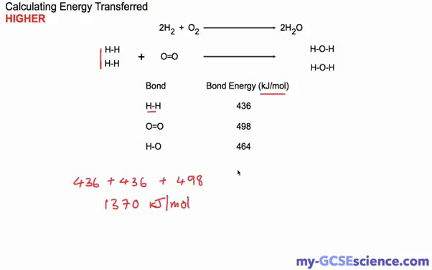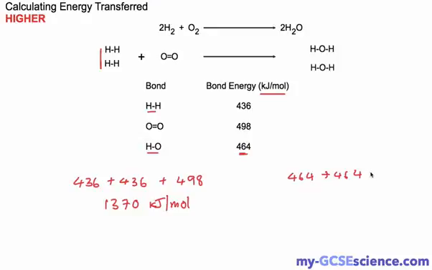What about the energy released from making bonds on the other side? Well, we have H2O times 2, and the HO bond is given here, and there are two of those. I know it's the other way around, OH, but it is the bond between the O and the H. So on this side we have 464 taken from here. We have two of those bonds, so plus 464.